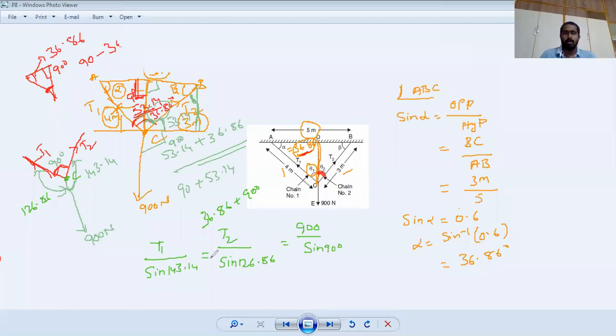The value of sin 90 is equal to 1. So T1 is equal to 900 into sin 143.14, and T2 is equal to 900 into sin 126.86. Tell me the value of T1.